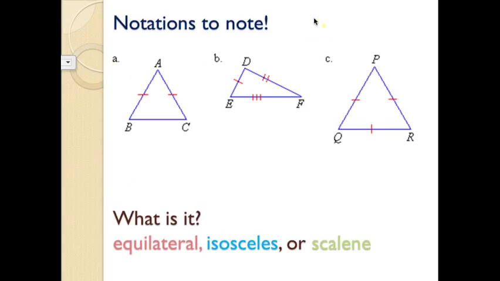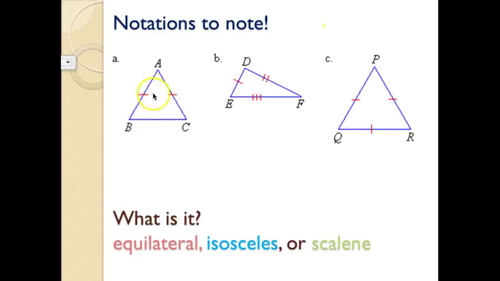All right, so as you start Unit 2, there are some very important notations that you're going to see on the sides of triangles or in the angles of triangles, and it's very important that we understand what these notations mean. So here's some different notations on the sides of some triangles. So look at here how we've got one little tick on this leg and one little tick on this leg of that triangle.